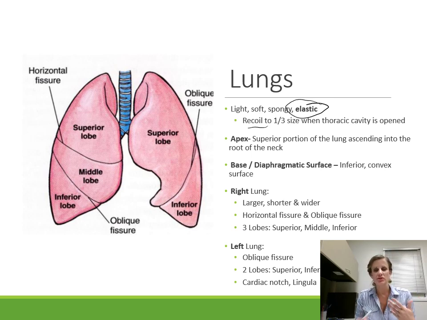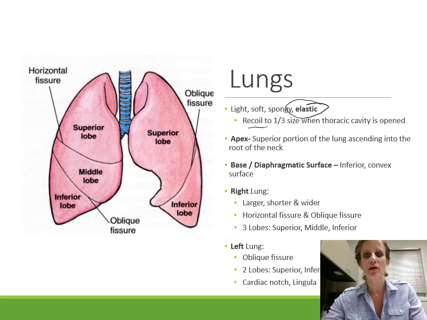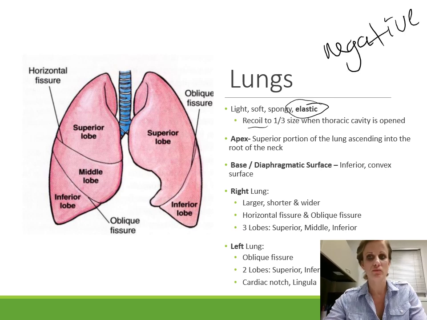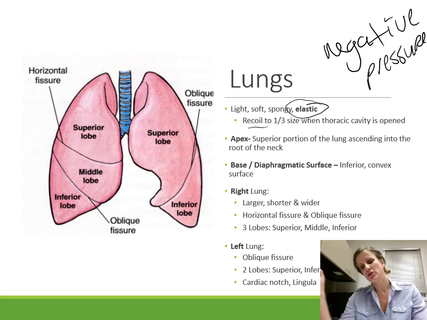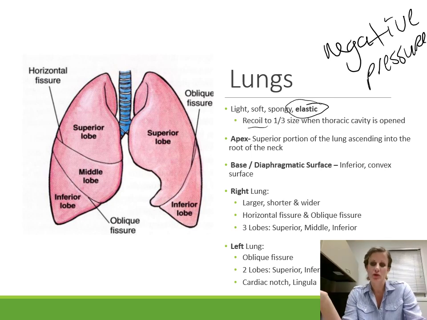The reason for this is there's a couple of reasons. One is a negative pressure. There's negative pressure that exists between the pleural membranes. So in the pleural cavity, there is a negative pressure, meaning the pressure is always less than atmospheric pressure.